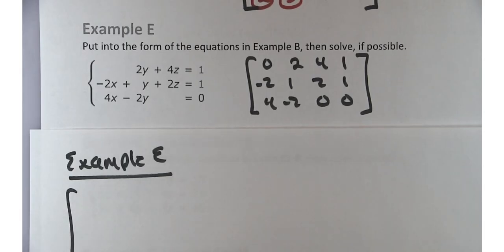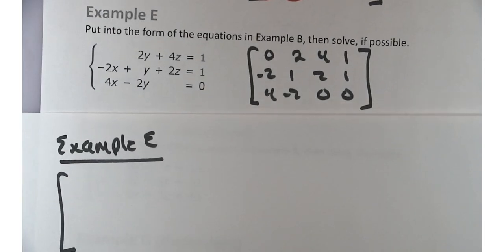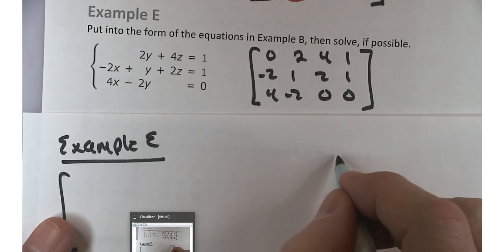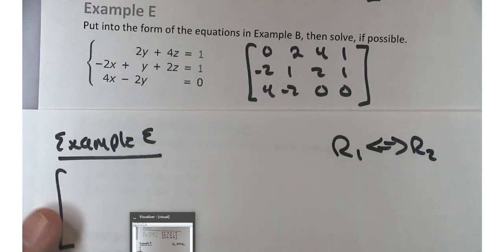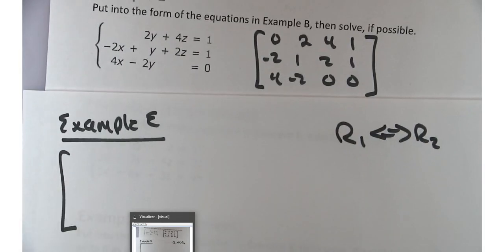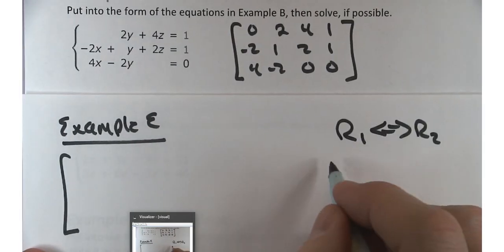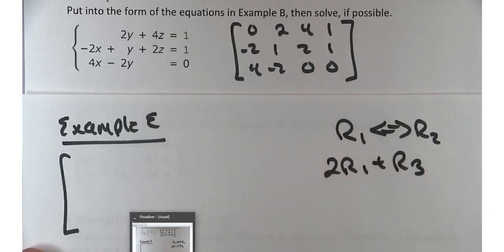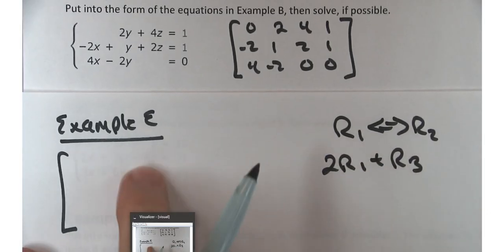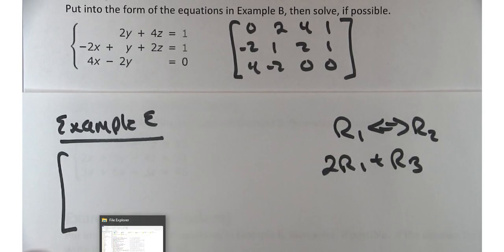My new matrix, after I worked with it, let's see, I did 2 operations, right? First of all, I did a row swap, which is row 1 and row 2 were interchanged. And then I multiplied 2 times row 1 added to row 3, and then that gave me this matrix right here.